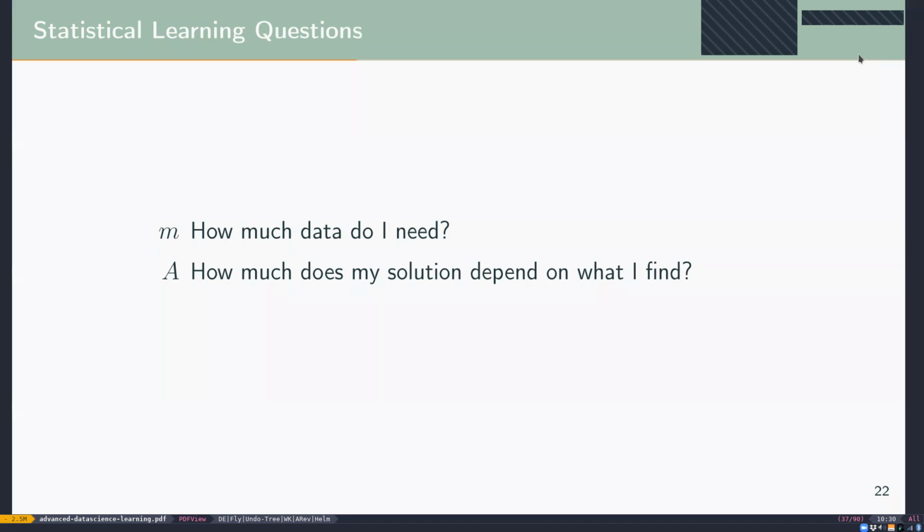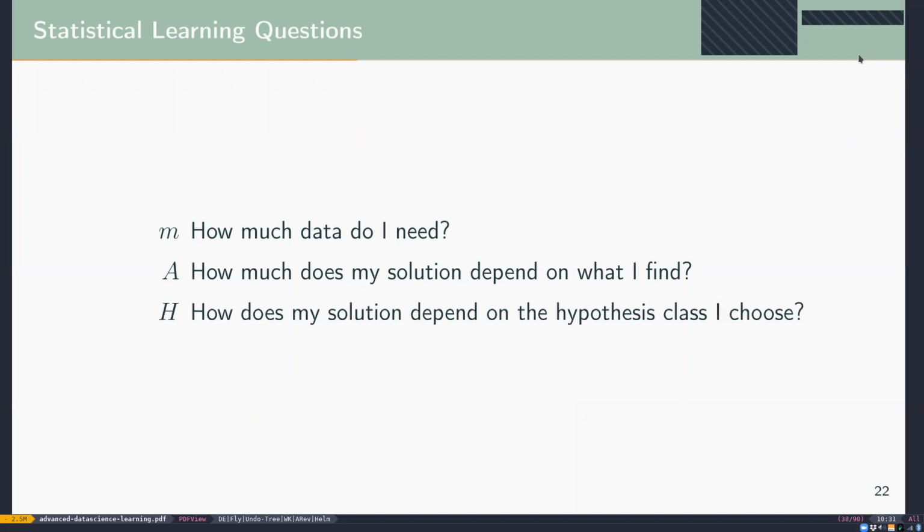Just change them, and you see that you'll get different results all the time on everything. Which one of these is best? I don't know. Right? This is a question. And then H: how much does my solution depend on the hypothesis class that I choose? Right.